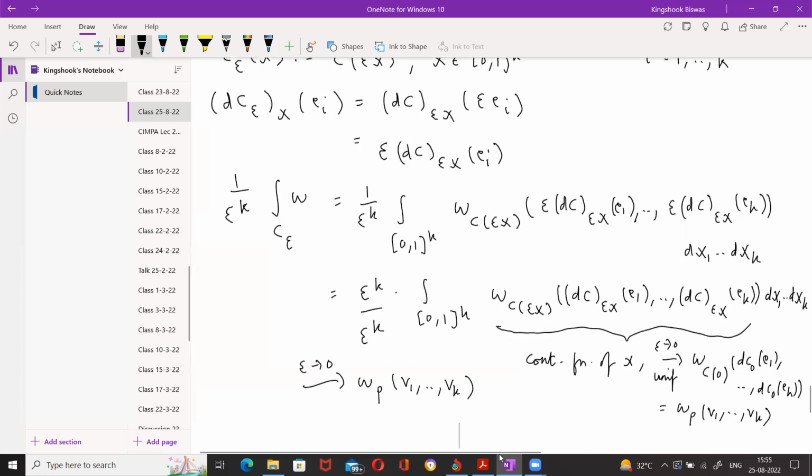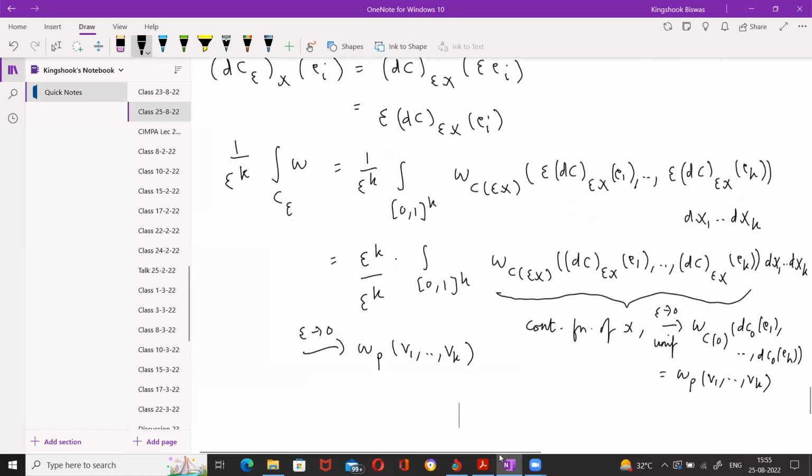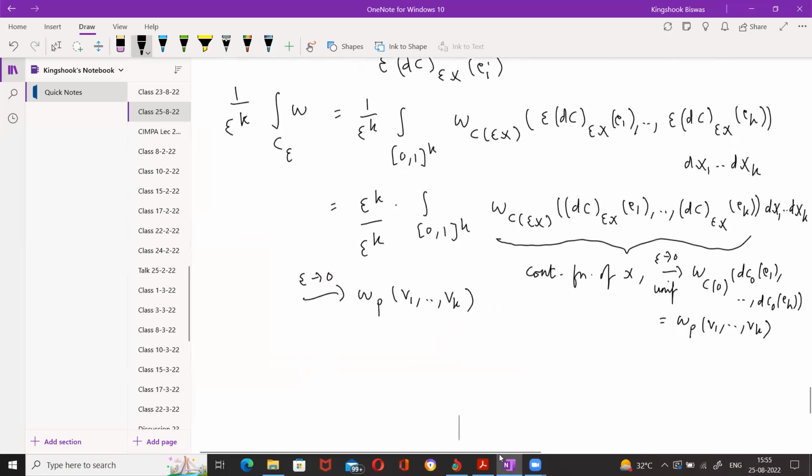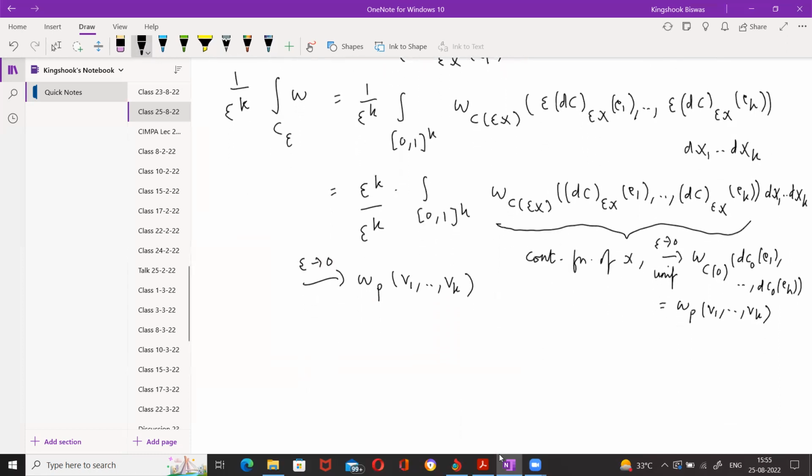So we've got the value of omega at an arbitrary point P acting on an arbitrary k-tuple of vectors V1 to Vk in terms of the integrals of omega over small cubes.